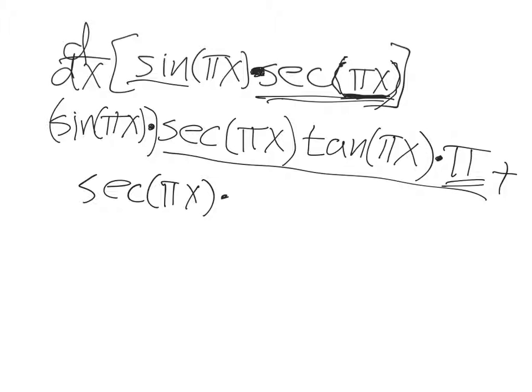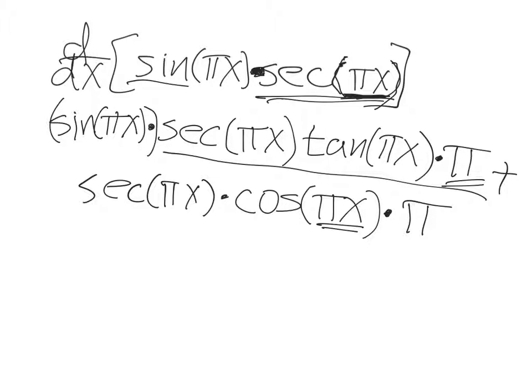Okay, is it positive or negative? Positive. Okay, positive. So derivative of sine is cosine of pi x. Are we done? Nope. What else? Okay, times the derivative of the very inside, so pi x, derivative is pi.